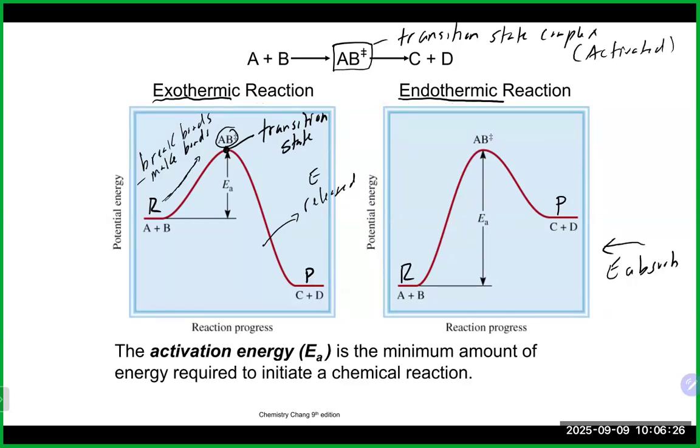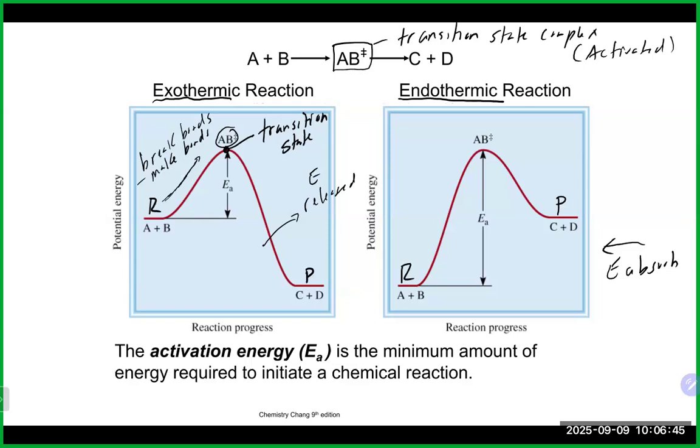It is really a substance that has partially made bonds and partially broken bonds. It's a transition point to get to the products. It also is, as you look up there, pretty much the highest point in the energy of this reaction.